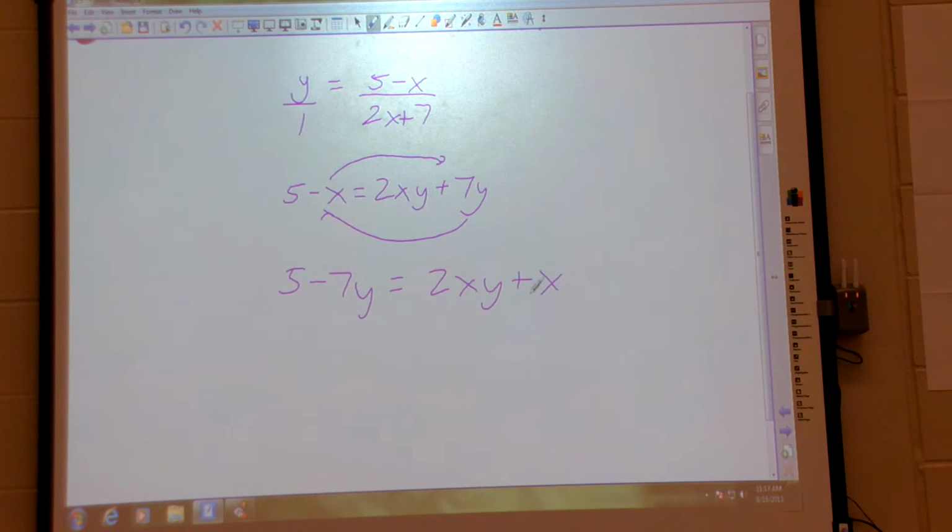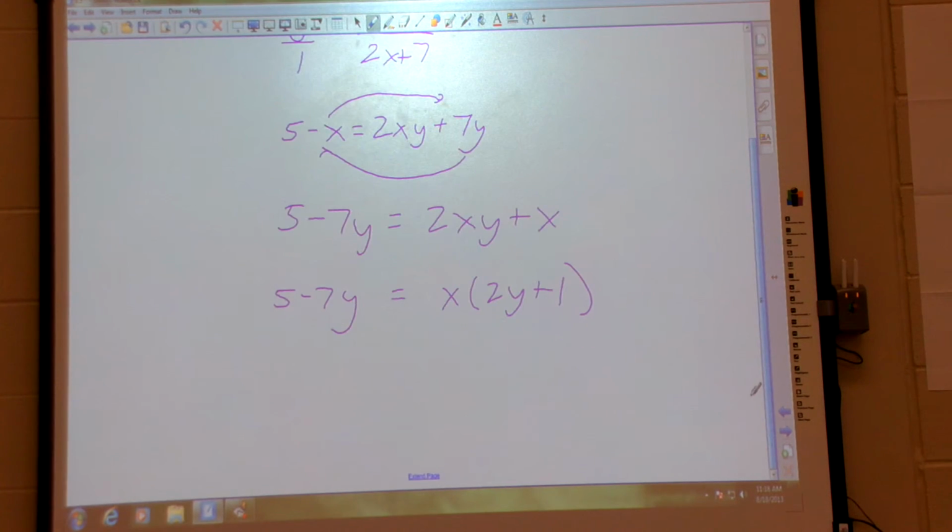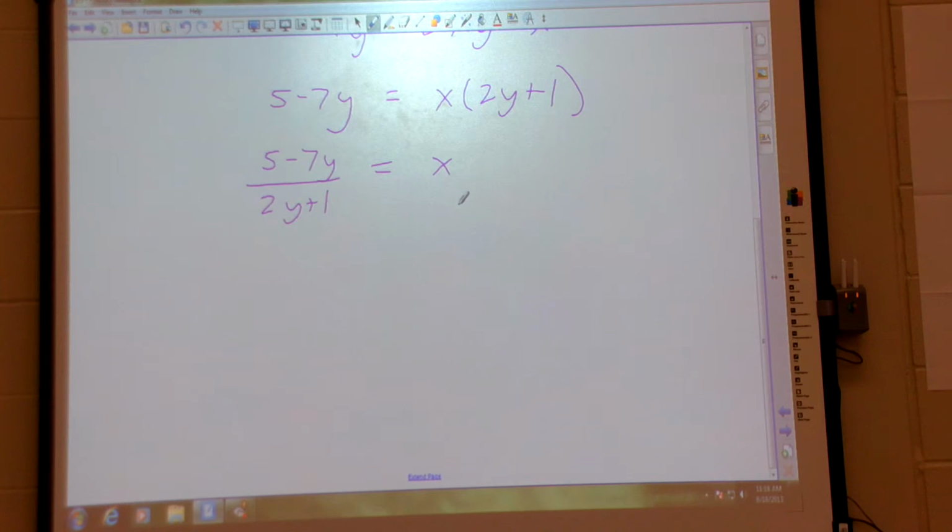Now that I have x's on one side, everything else on the other, I'm going to factor out my x. So 2y plus 1. And then my goal is to get x by itself, so I need to divide by all that junk. So I have (5 minus 7y) over (2y plus 1). Now I have x by itself.